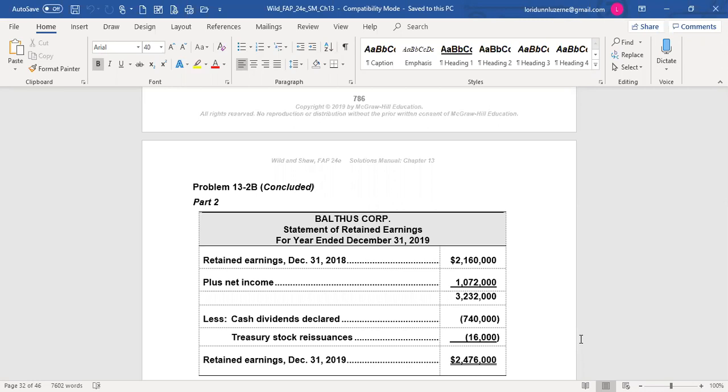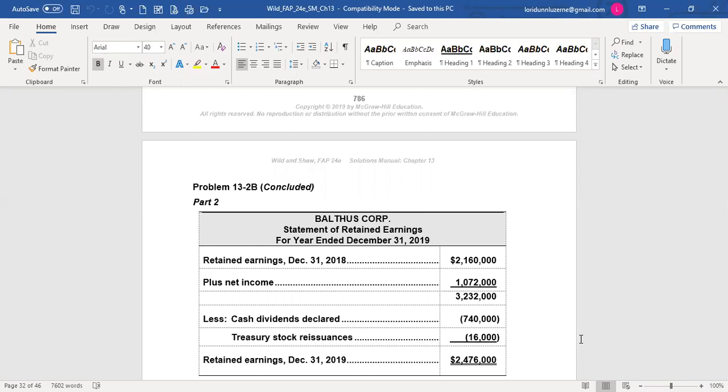So you could add those two separate transactions together. And then we debited retained earnings because of the loss on the treasury stock reissuances or resales. So retained earnings at the end of the year, December 31st, 2019, $2,476,000.